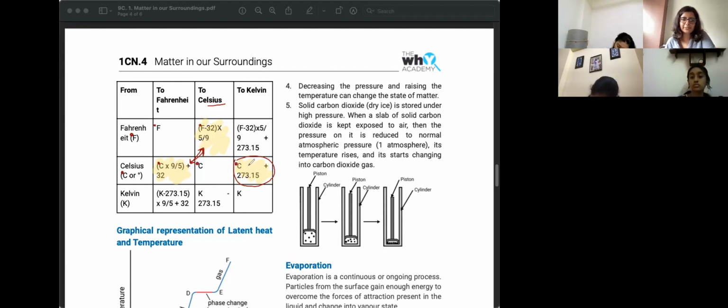Here it may not be because it's a number variable, so it's not given. This minus, because it's in a box, the formatting got a bit off, but this is K minus 273.15. It is exactly the reverse of this.